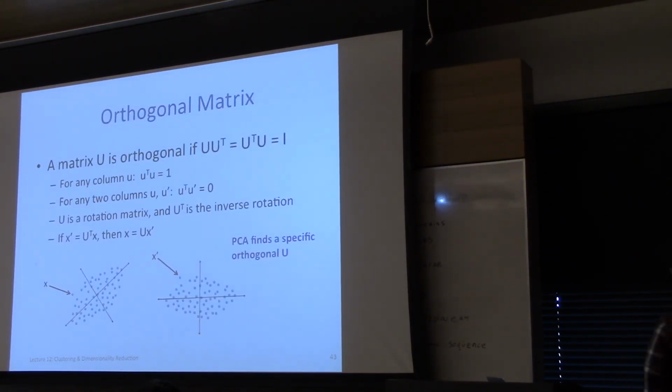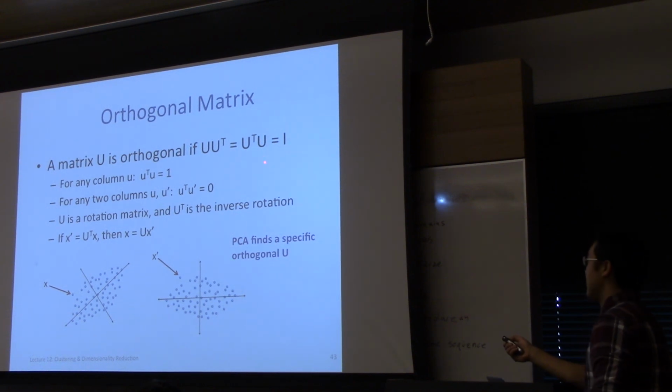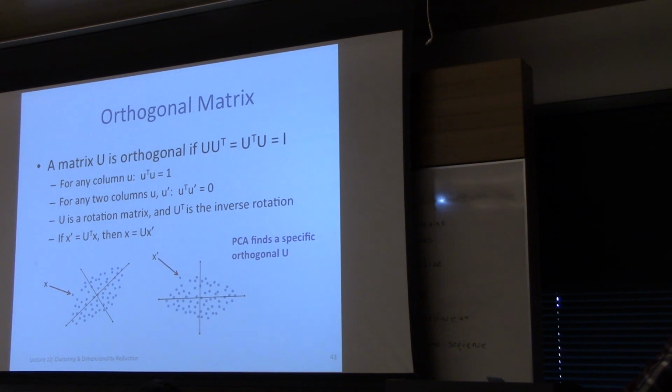So a little bit of matrix linear algebra. Let U be what's called an orthogonal matrix. U is going to be a square matrix in this case. U is orthogonal if U U transpose and U transpose U give you the identity matrix. What that means is that for any column, U transpose U equals 1.